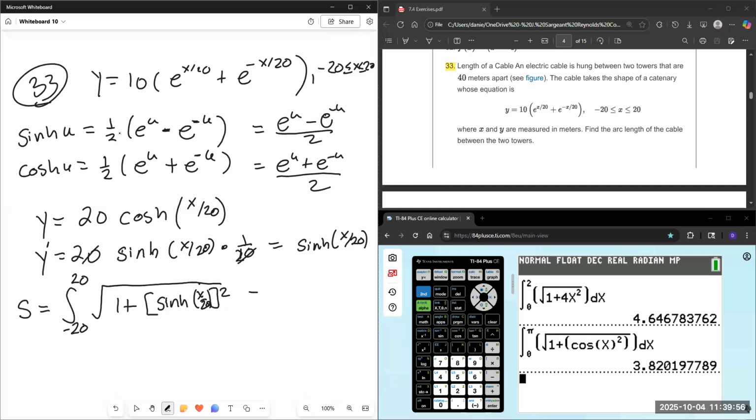So this is -20 to 20, root 1 plus hyperbolic sine squared of x over 20, and this is dx on the end.